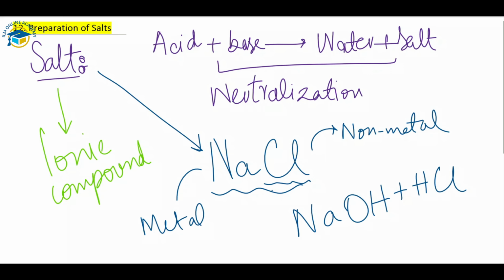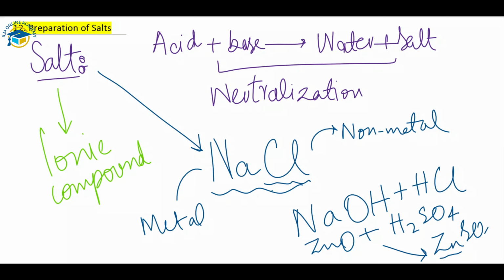And zinc oxide, which is the base, reacts with sulfuric acid, and when these react together they form a salt known as zinc sulfate. So the first part comes from the base and the second part of the salt comes from the acid we are using. The parent acid for the formation of zinc sulfate is sulfuric acid, and the base is zinc oxide. So this is how you can name a salt and what a salt is.